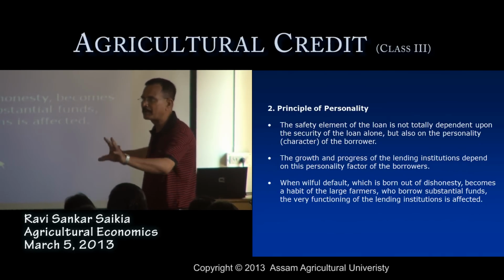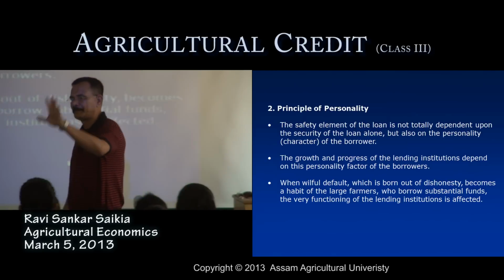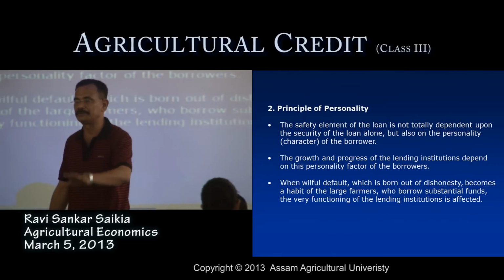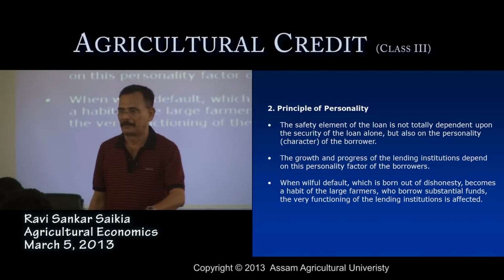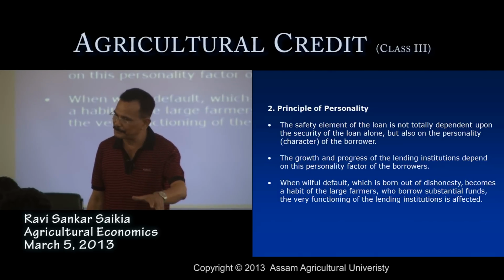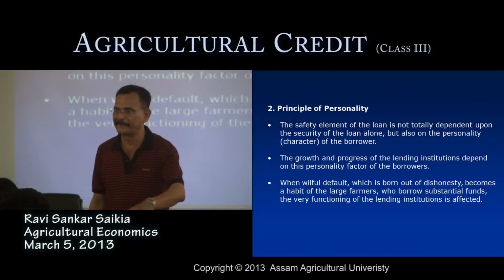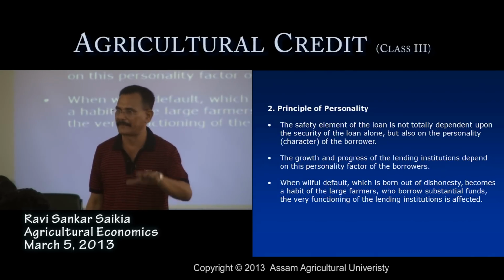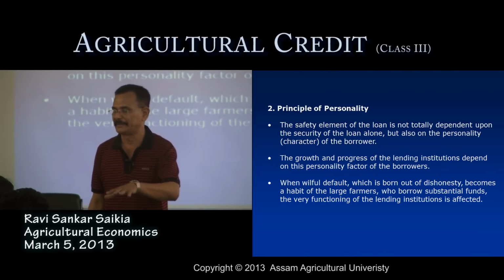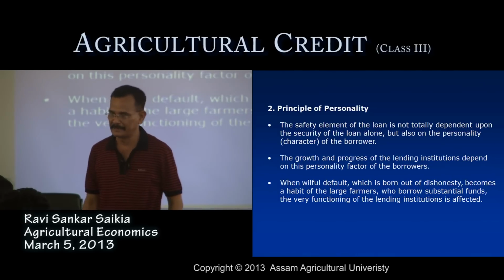We may simply call this the mounting of overdues due to willful default by the farmer, which will adversely affect the entire banking system in relation to loans to the agricultural sector.